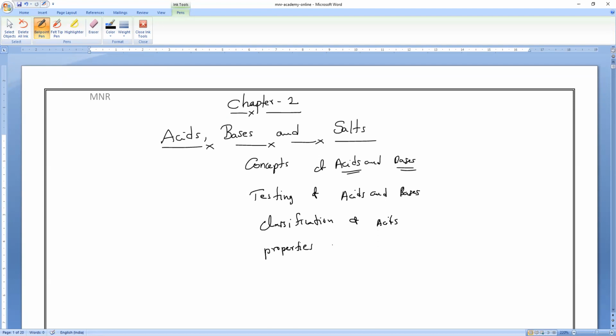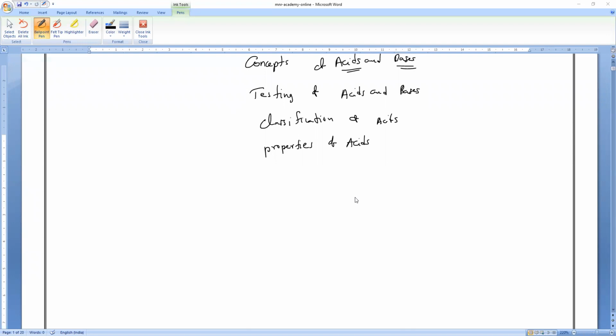Properties always means you can remember two things: physical properties and chemical properties. Understand? So physical properties as well as chemical properties. Next, we are going to study common acids and their uses, what acids we are using in our daily life and their applications in our daily life.